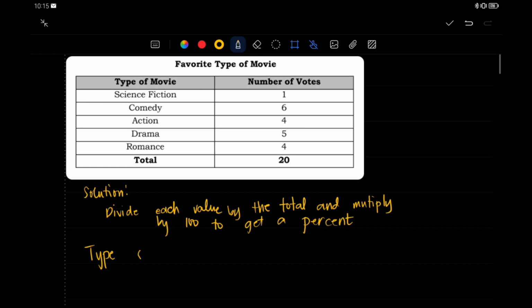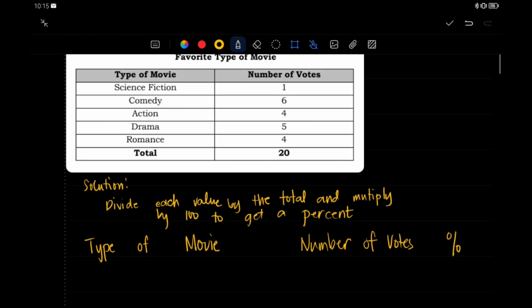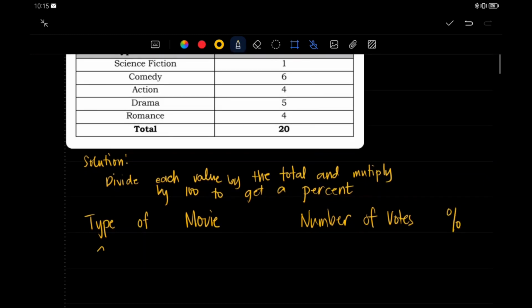Type of movie, number of votes, and the percent. So we have here science fiction. Science fiction is 1.